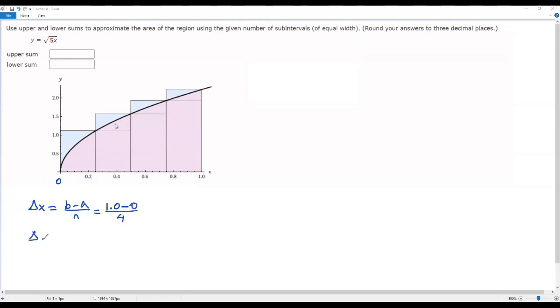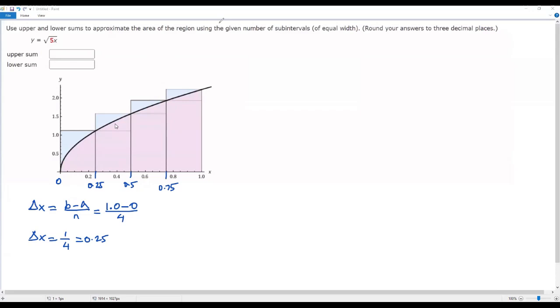So delta x equals (1.0 minus 0) over 4, which is 1 over 4, equal to 0.25. That is the width of each rectangle of the subinterval. Then we have 0.25 over here, 0.5, 0.75, and 1. Okay, now to get the upper sum, we have to do right endpoint approximation of the Riemann sum.